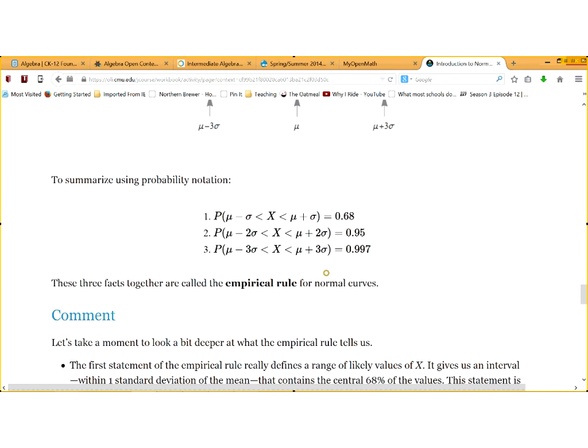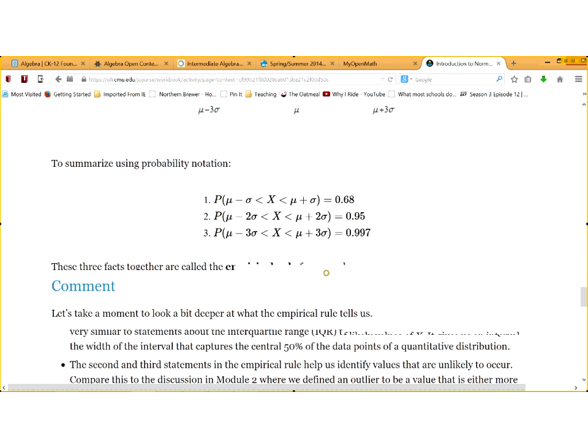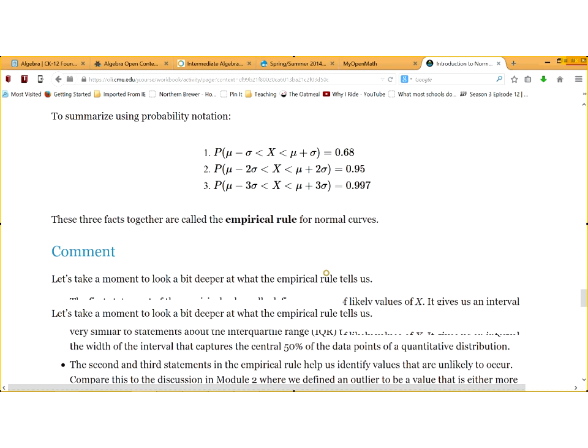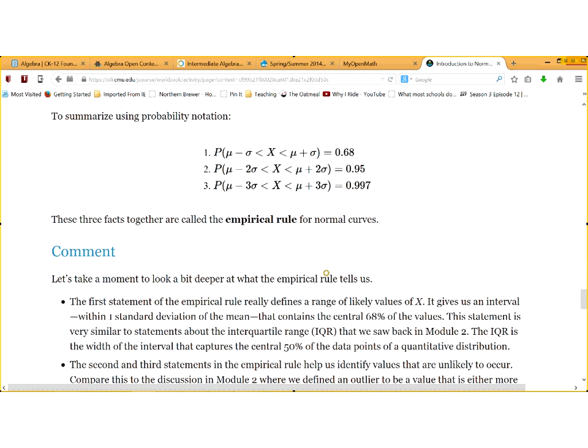So there it is in probability notation, that the probability that x is between mu minus sigma and mu plus sigma is 0.68, minus 2 sigma plus 2 sigma 0.95, minus 3 sigma plus 3 sigma is 0.997. One name that it's sometimes called is the empirical rule, the other name is just the 68, 95, 99.7 rule.